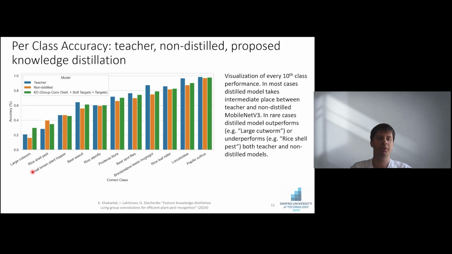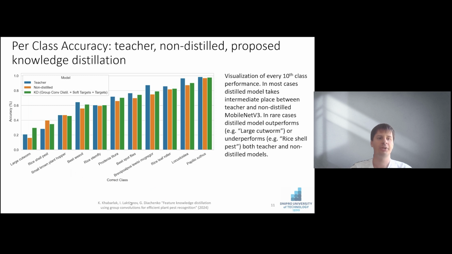However, in certain rare cases, for instance, for rice shell pest, the non-distilled model still has better accuracy than the distilled one, but on average, the proposed model is better.